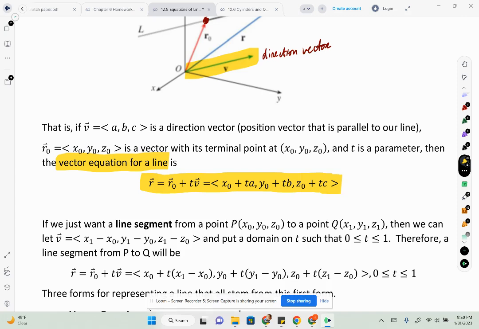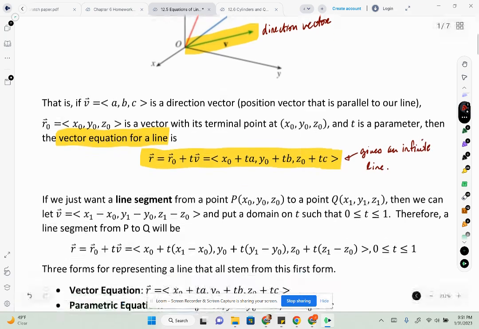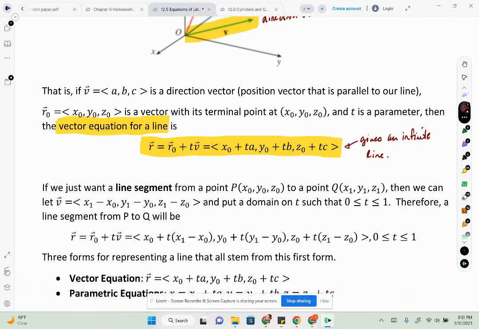Now, sometimes we just want a line segment. This equation right here gives an infinite line. That means it goes off forever in both directions. But if we just want a line segment, like from one point to another point, usually when they give points, the first point given is the one that is called your r naught.